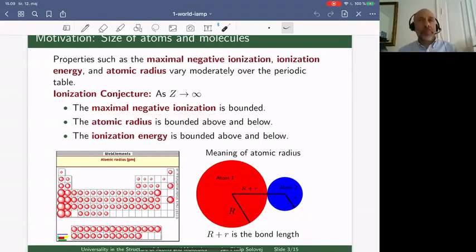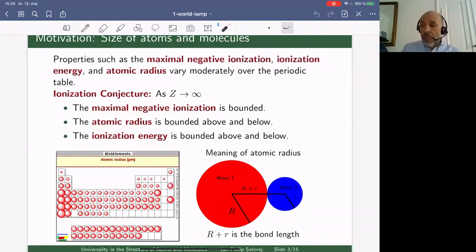We cannot hope to prove that it's only 1 or 2, but we can hope to prove that it doesn't grow with Z. At the same time, I will add this thing about the radius. I want to understand why the radius seems to be bounded above and below as Z goes to infinity.